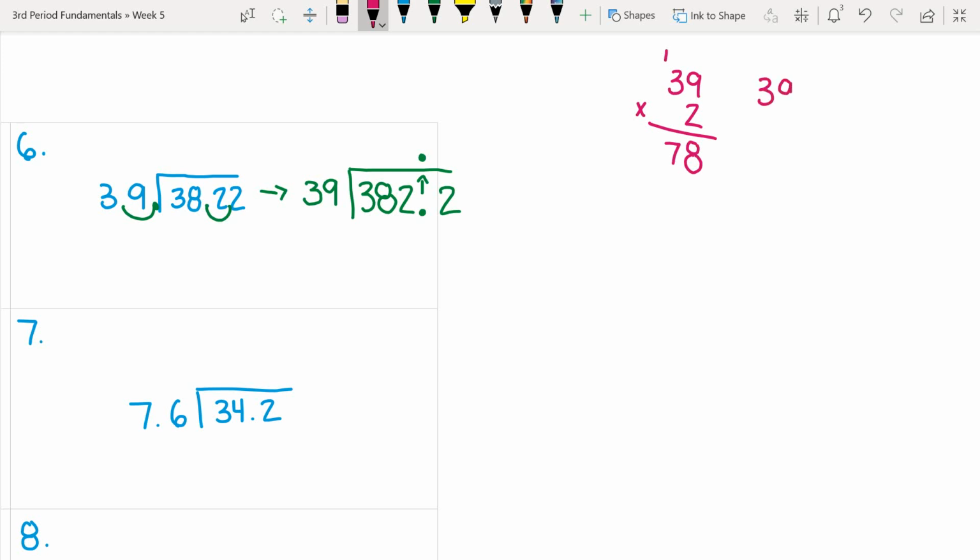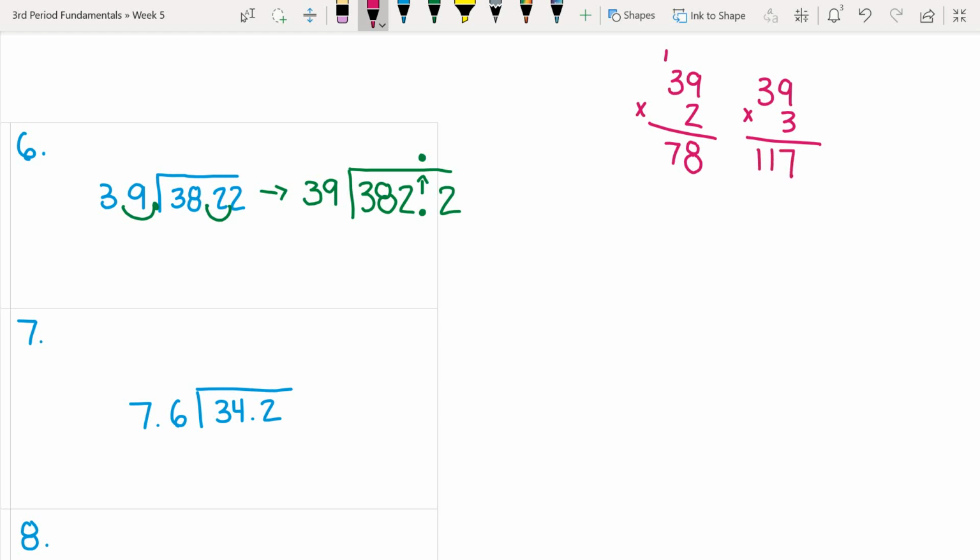And I'm going to keep doing that because I only have 78. 78 is really far away from 382. So I'm just going to really make my own list, like kind of a mini multiplication chart for the number 39. And I'm just going to write them out for you.